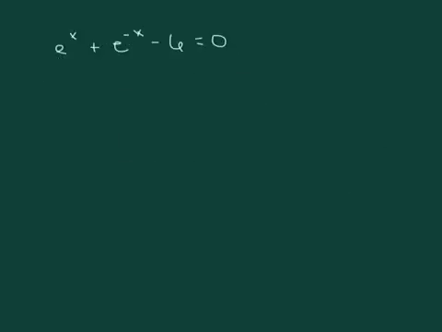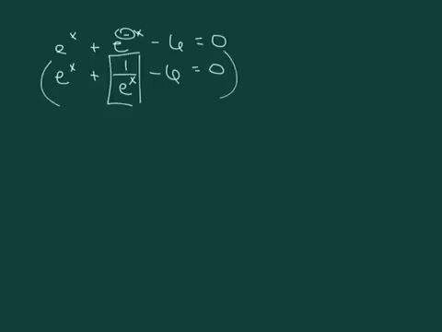Notice in this one we have more than one term with an x in the exponent. We've got a term here with an x and a term here with an x. So let's simplify it a little bit. We're going to write it as e to the x plus 1 over e to the x. That negative puts the e to the x in the bottom. I want to get rid of this fraction, so I'm going to multiply the entire thing by my denominator. When I distribute, I get e to the 2x.